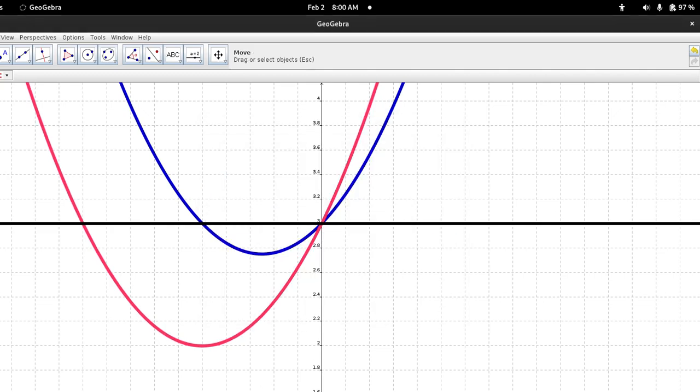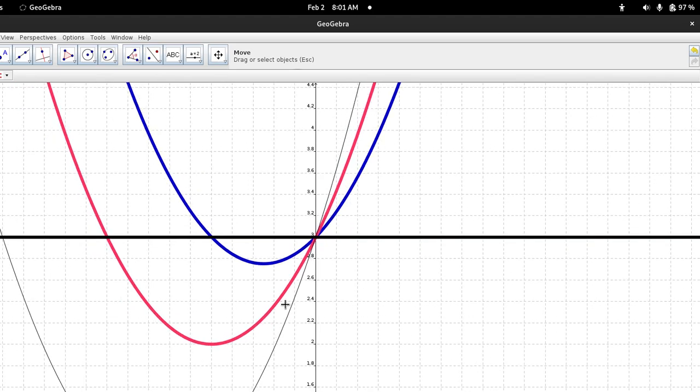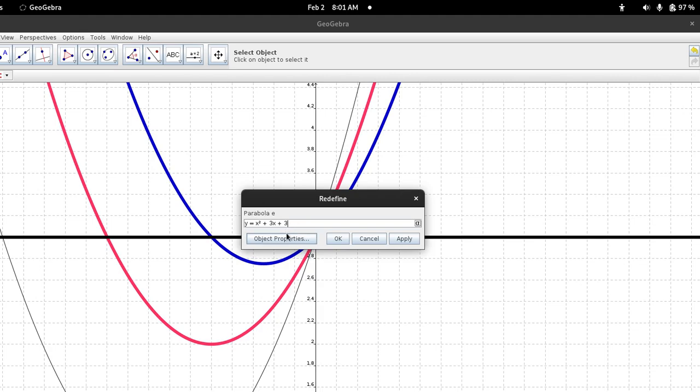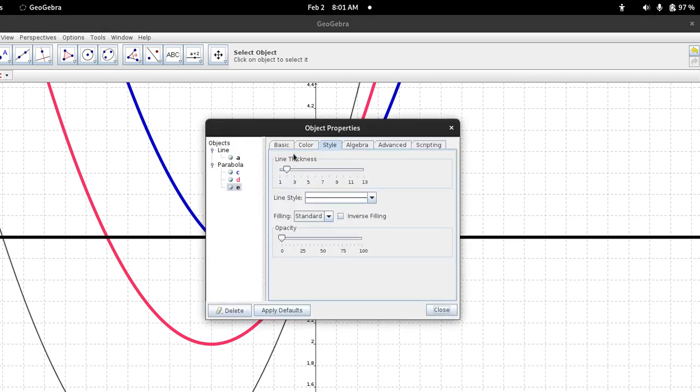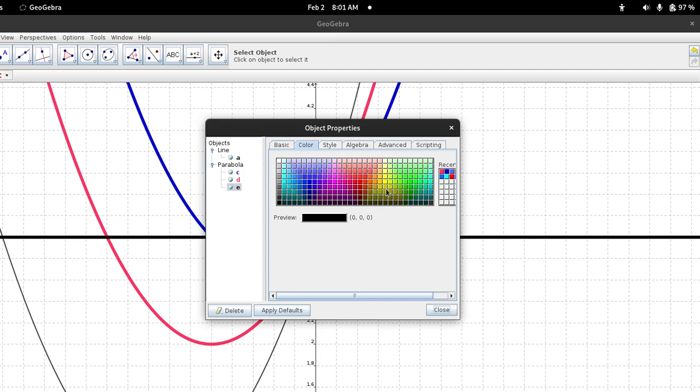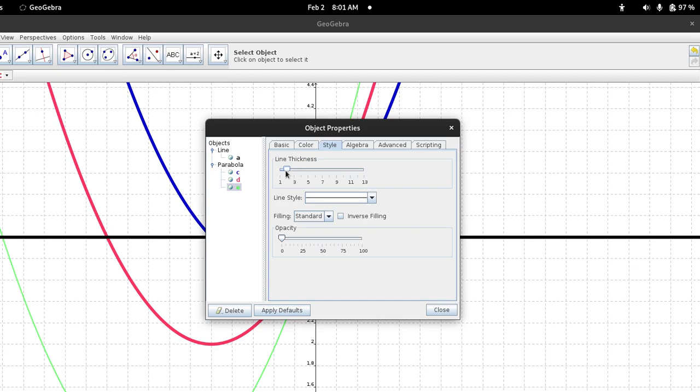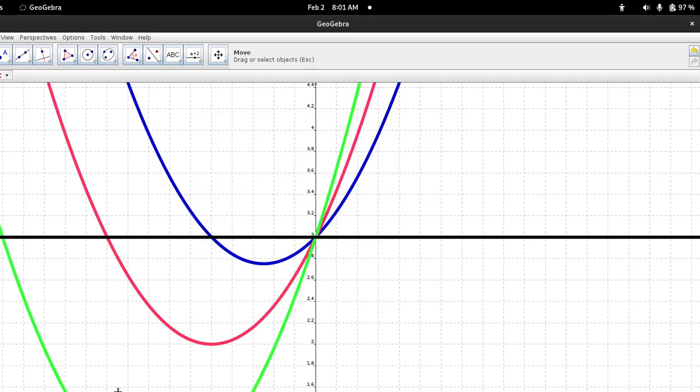Then we have x squared plus 3x plus 3. Okay, so this is what is going on. So after that, we have x squared plus 4x plus 3.